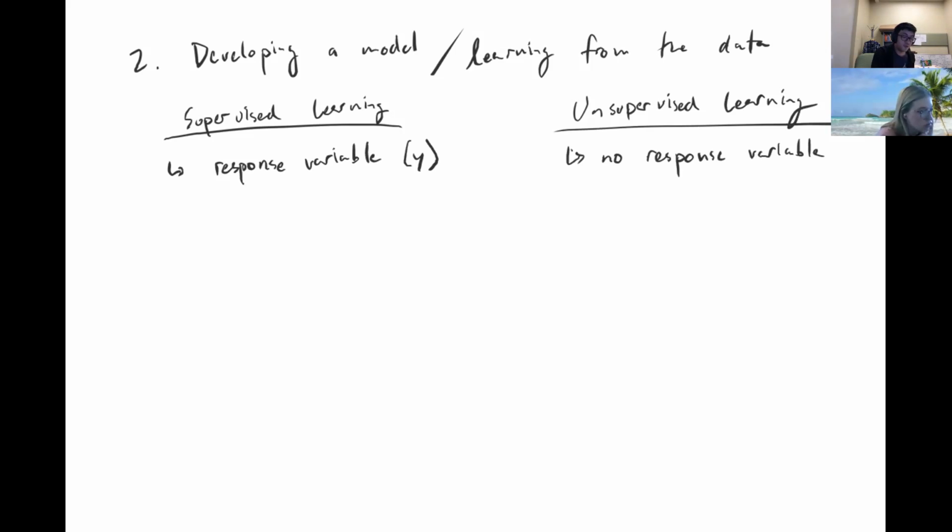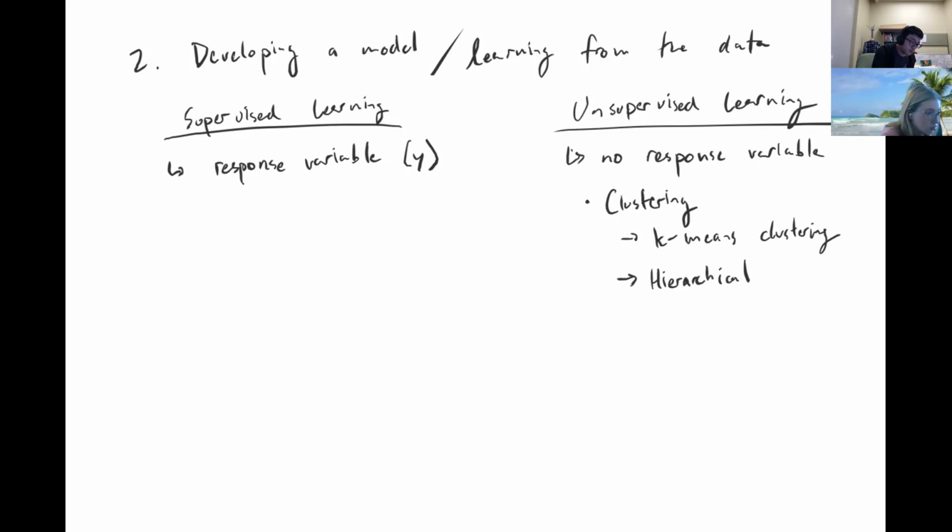In unsupervised learning, the methods that we've talked about are clustering, and this was k-means clustering and hierarchical, or agglomerative clustering.